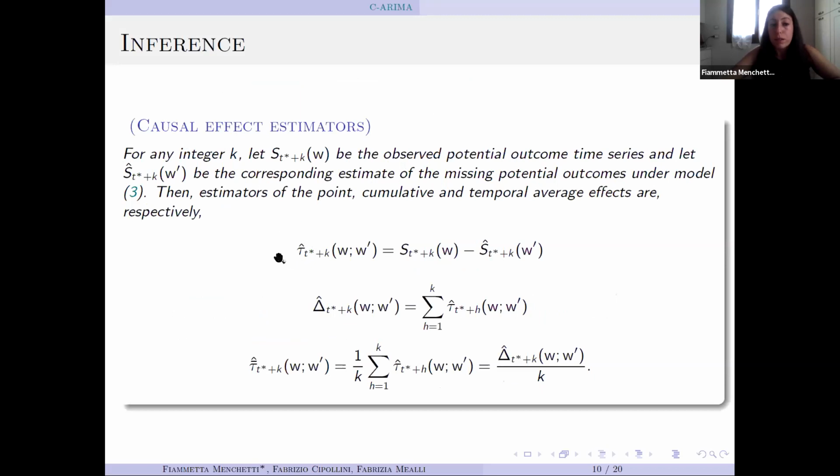So for instance, the estimator of the point causal effect at time t star plus k, this tau hat, is basically the difference between the observed transformed time series minus the counterfactual series, so our estimation of the counterfactual time series in the absence of the intervention. And then the other two estimators are defined as a function of tau hat.